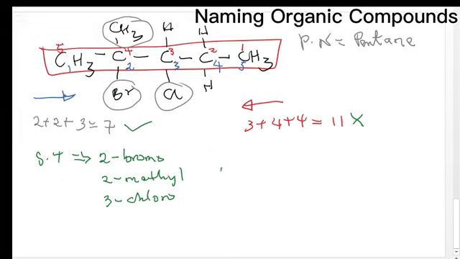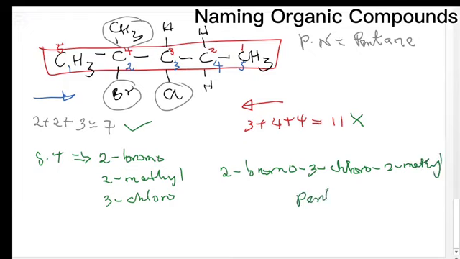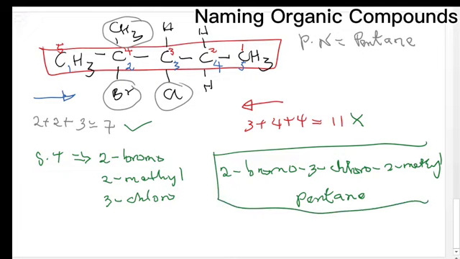So the name of the compound will be 2 bromo, then 3 chloro, then 2 methyl, right? Pentane. So this is the name of the compound. Amazing, right? It's very long but quite easy. Are we together? Can I proceed?